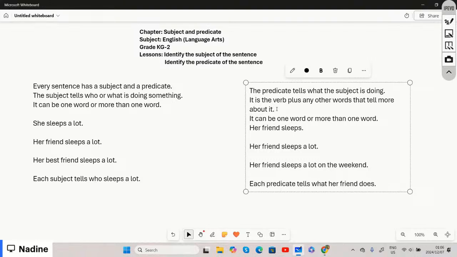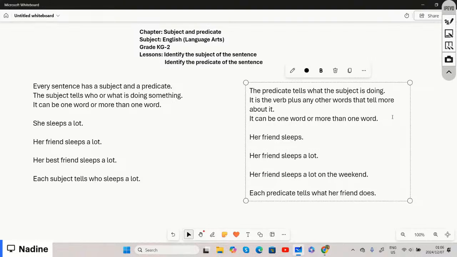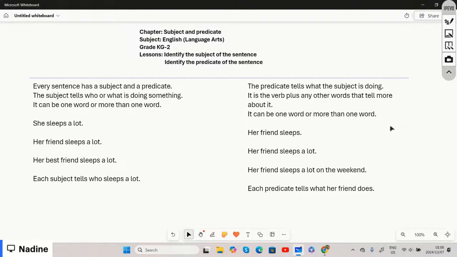And the lessons that we are going to be focusing on under the chapter of subject and predicate are to identify the subject of the sentence, and to identify the predicate of the sentence. So we're going to find out what a subject is and what a predicate is.